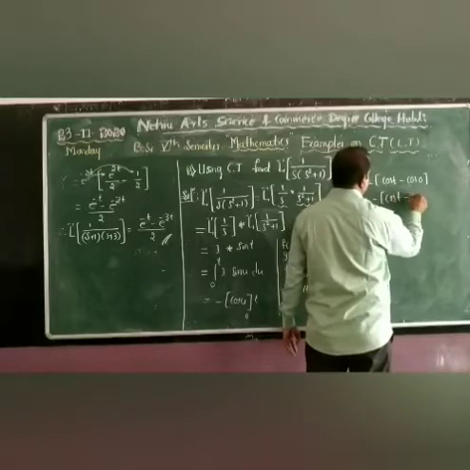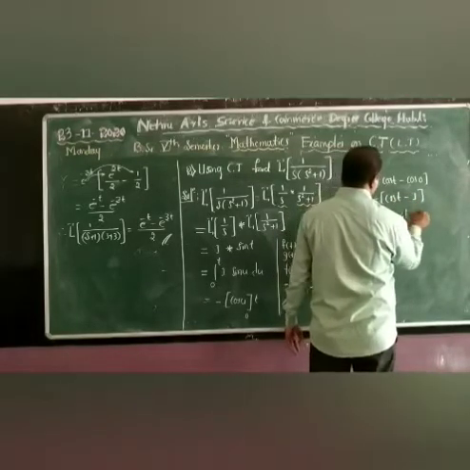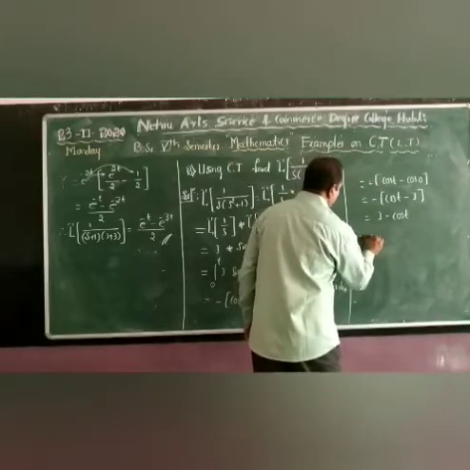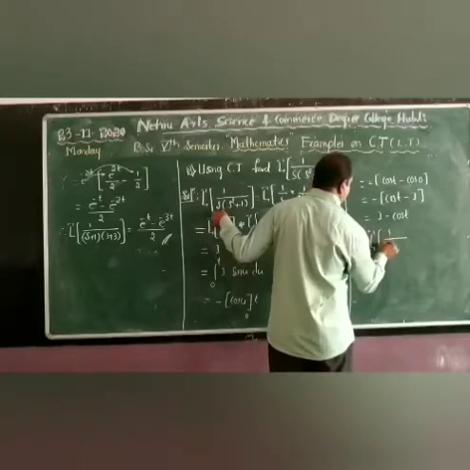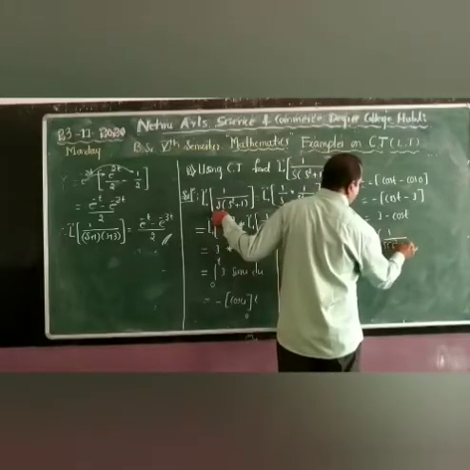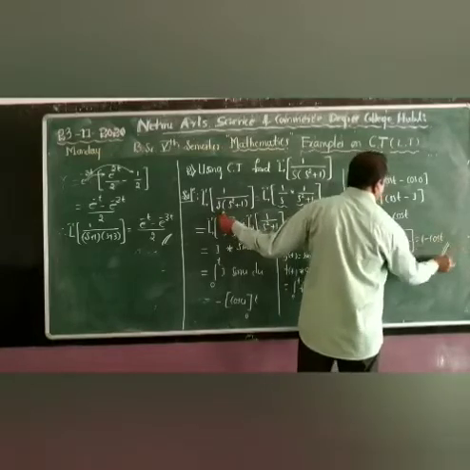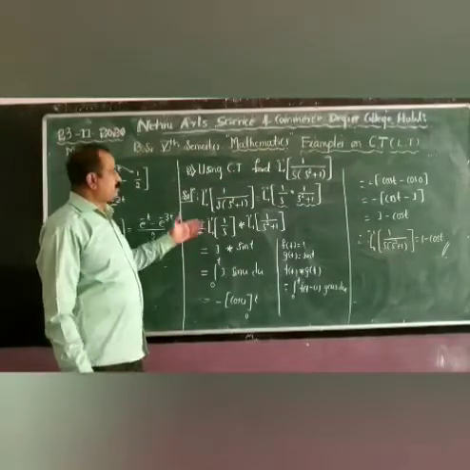Minus of cos t minus cos 0, cos 0 is 1, multiplying the minus into the bracket we get 1 minus cos t. Therefore L inverse of 1 divided by s into s square plus 1 is equal to 1 minus cos t. So this is the answer.